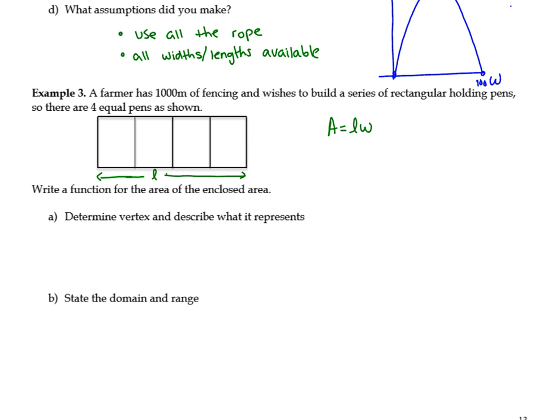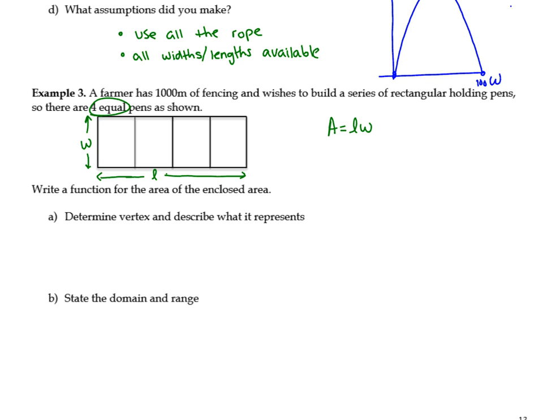We can't assume that those are the same. Oh, well then actually we can. You're right. 4 equal pens. So then you could. So keep it simple. Instead of having 4 of them, 4 lengths, we're just gonna make it 1 long length. And 1 width.